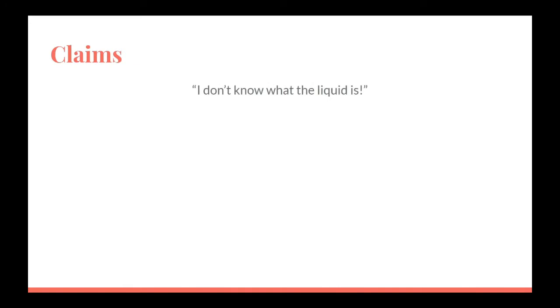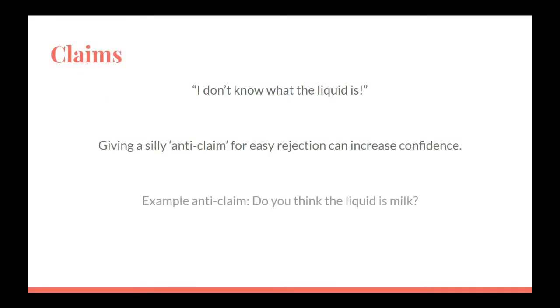If you find that your child gets stuck at this first step, you can give them what we might call an anti-claim that they can reject. For example, you might ask, do you think the liquid is milk? Next, we need to gather the evidence that supports our claim.